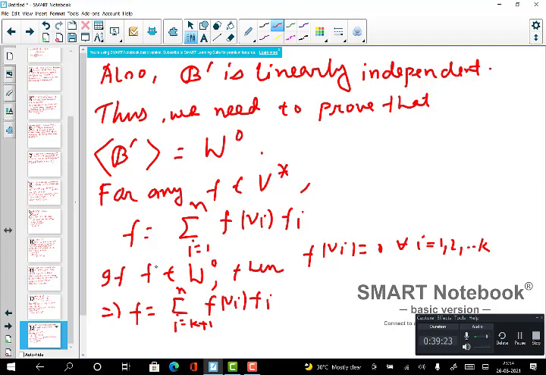That means if f is an element of W naught, then it is a combination of these. So W naught is actually the span of B dash. This is the proof.